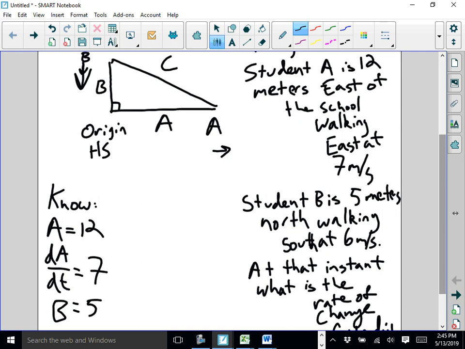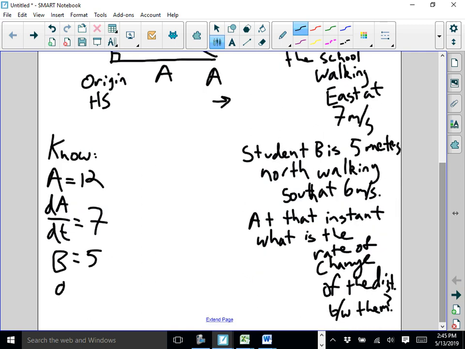So I'm going to say dB/dt equals -6. If the student was walking away from the school, then I would have made that a +6. What we need is usually a rate of change, not always, but usually. It's the rate of change of the distance between them. I called that C. You can call it whatever you want, but I'm going to say dC/dt is what we need.